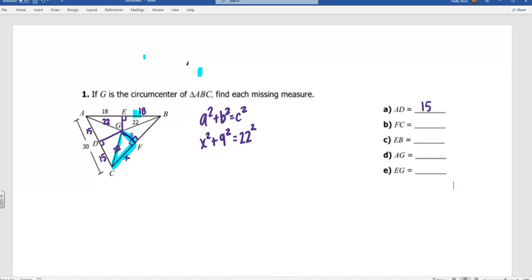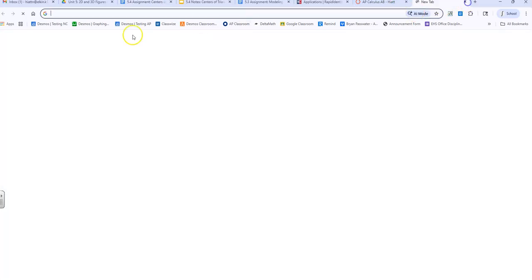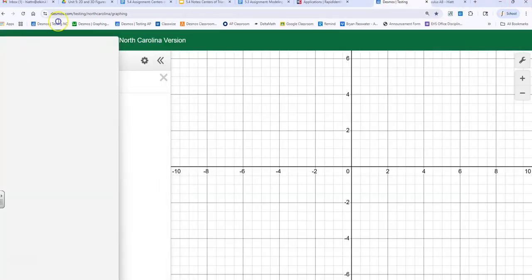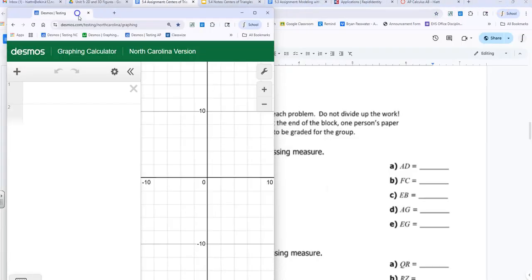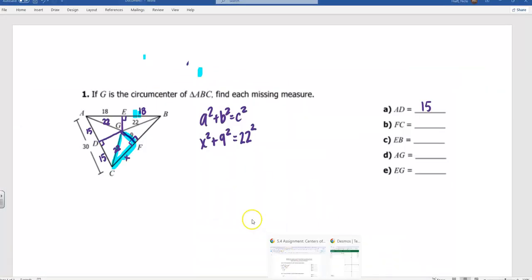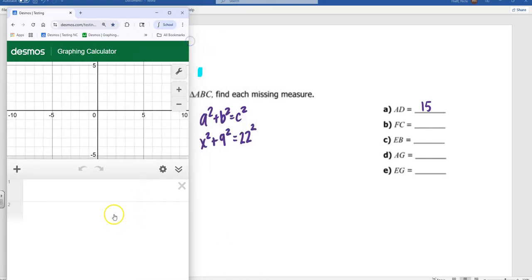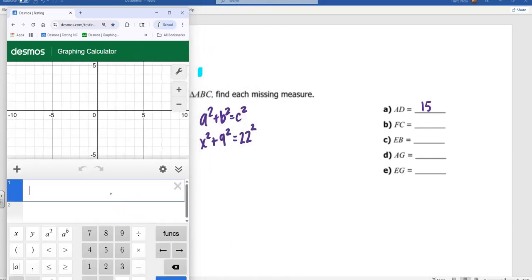Okay? So we can pull up Desmos here. All right, and for that, I know 9 squared is just 81. 22 squared is 484.